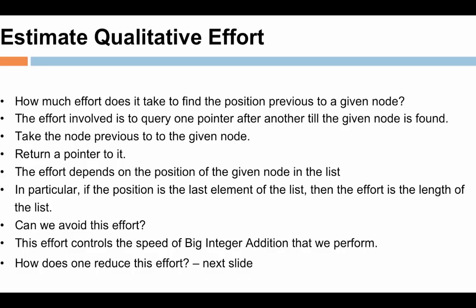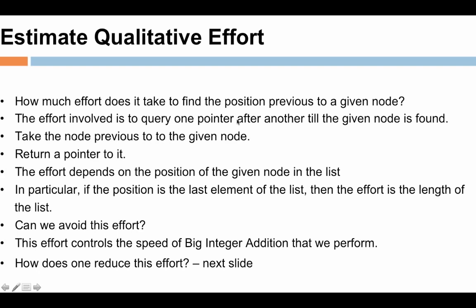Also, let us recall that in the list implementation, the number was visualized from left to right, whereas the addition is from right to left. Consequently, a repeated task that we performed was to find a position which is just previous to a given node.